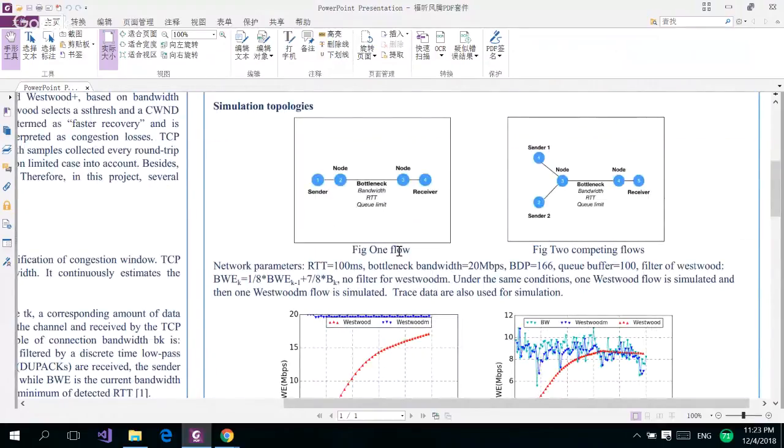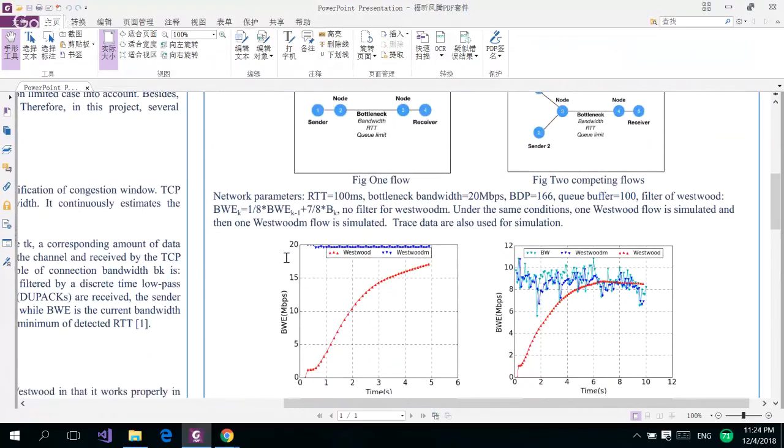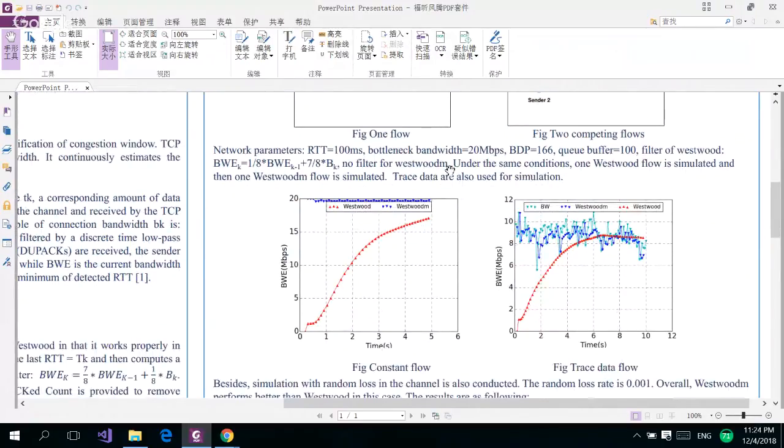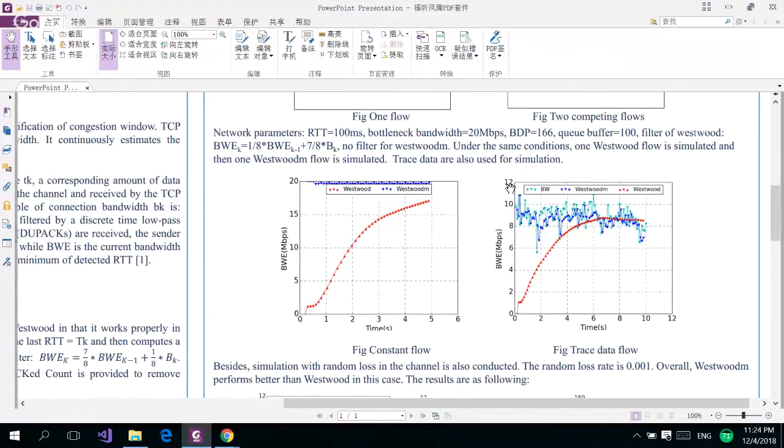It includes one sender and one receiver, and the two competing flows topology includes two senders and one receiver, and they will share the bottleneck bandwidth. The network parameters are as following. Under the same conditions, one Westwood flow is simulated, and then one Westwood M is simulated. Trace data are also used for simulation.